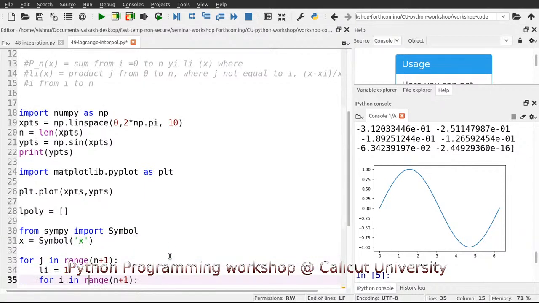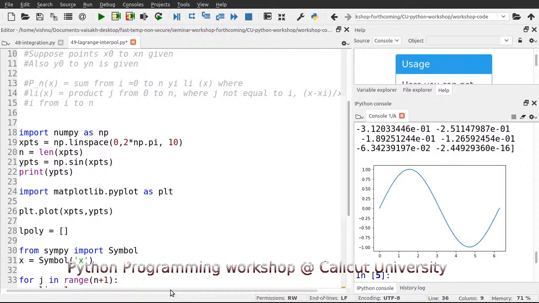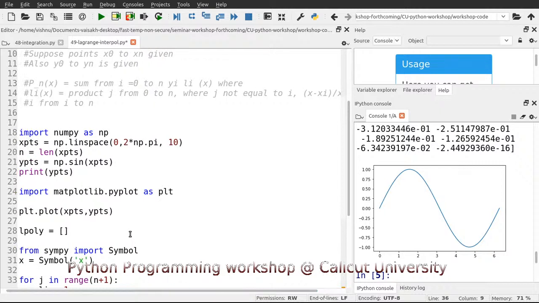Okay, so what next? What is it that we have to multiply? x minus xj by xi minus xj we need to multiply, provided that j is not equal to i. So we are creating Li(x).